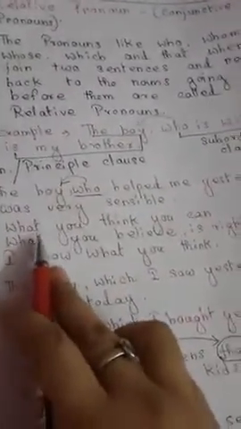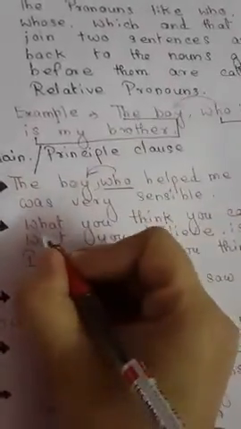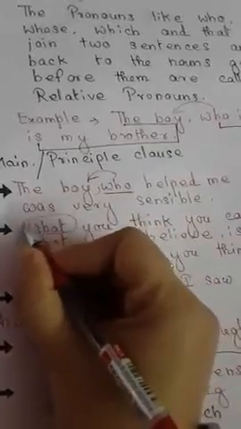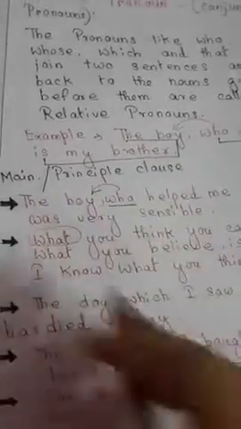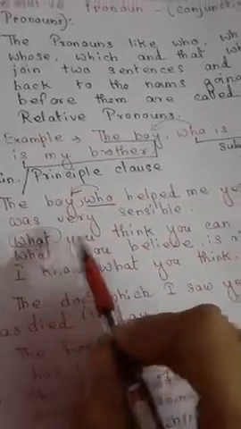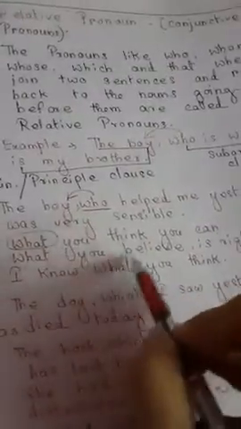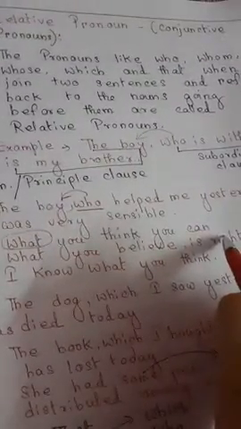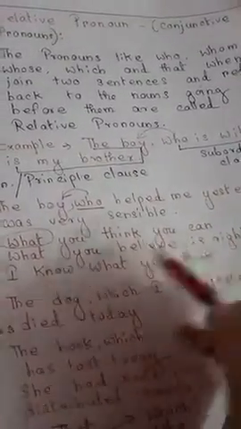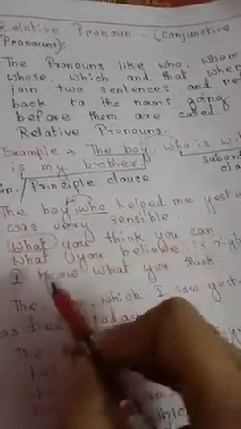Another example: what. We will use this relative pronoun what in case of thought. What you think you can. जो तुम सोच रहे हो वो तुम कर पाओगे. We cannot say what you think you can do.